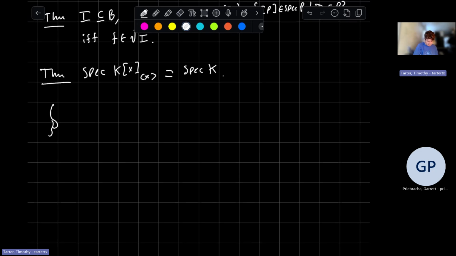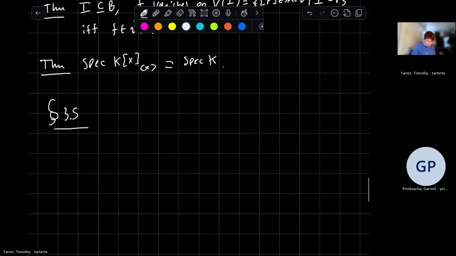On to section, wow, that was a terrible section symbol. There we go. That's still not that much better. 3.5. So we're going to define a distinguished open set.